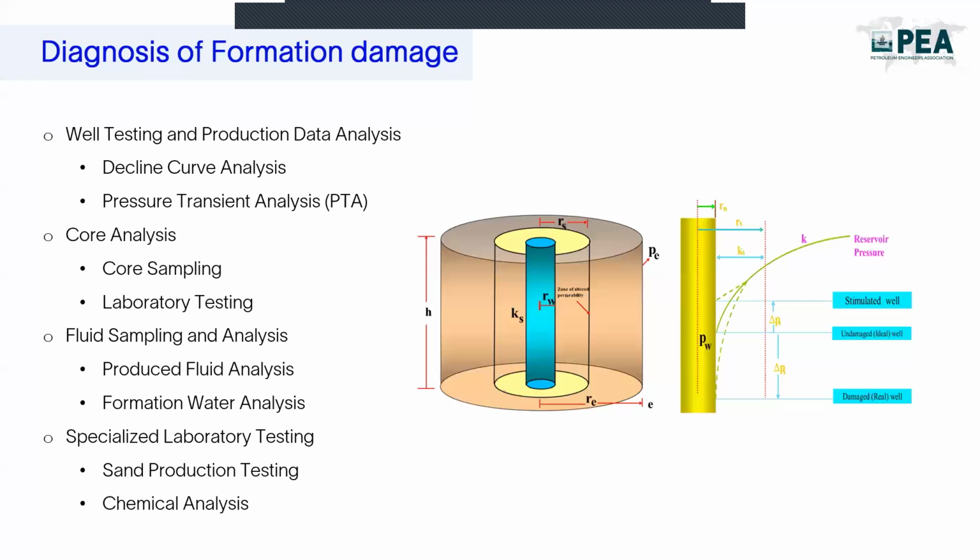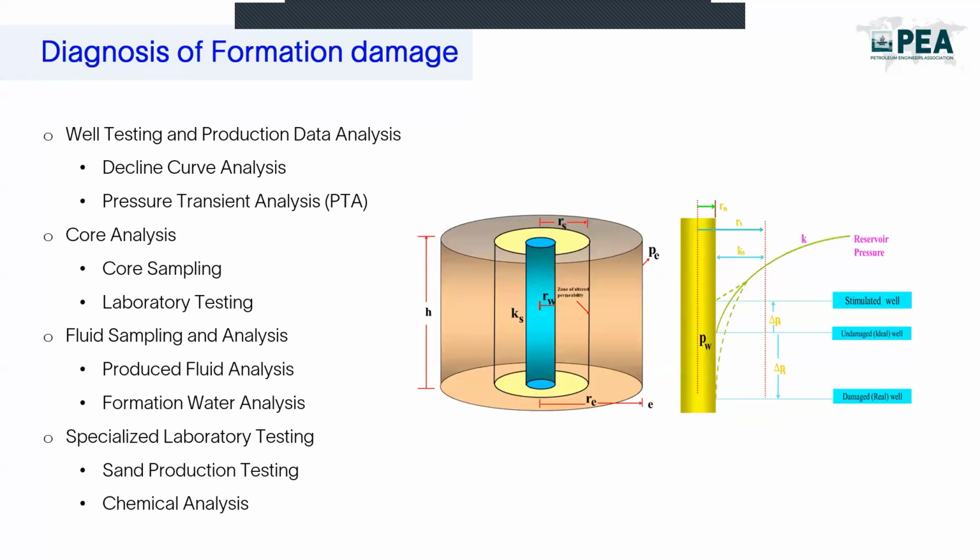The other technique, which is a very comprehensive technique, is the pressure transient analysis, or what we call PTA. Pressure transient analysis involves analyzing the pressure buildup or drawdown tests to evaluate the reservoir properties and detect formation damage. A reduction in permeability or an increase in the skin factor, which is an indication of formation damage, can be identified through the analysis.